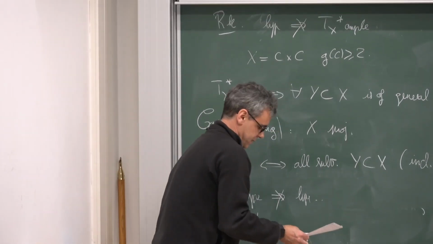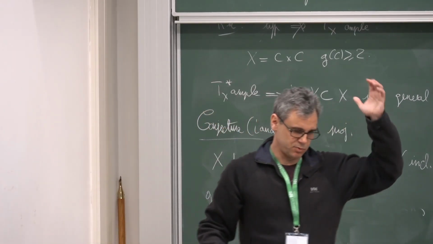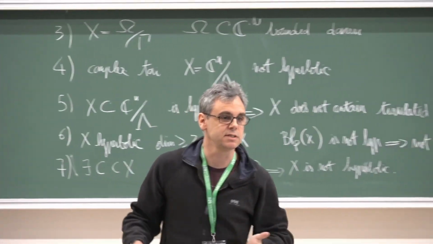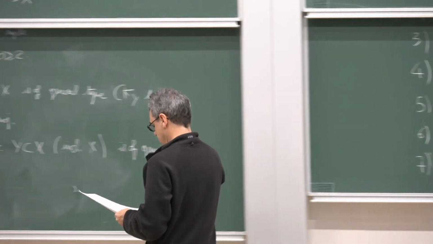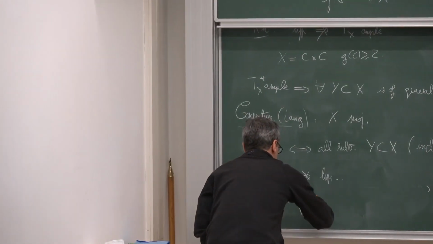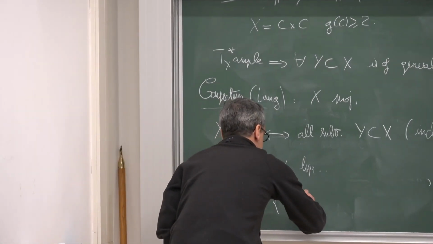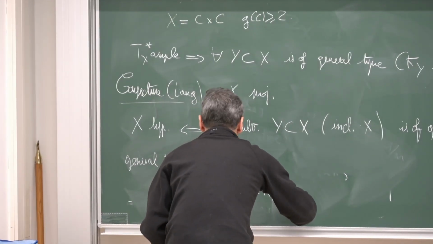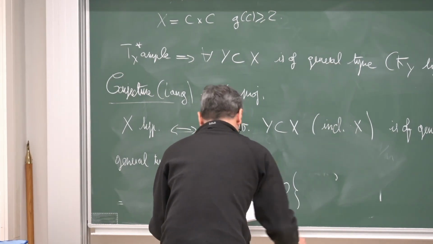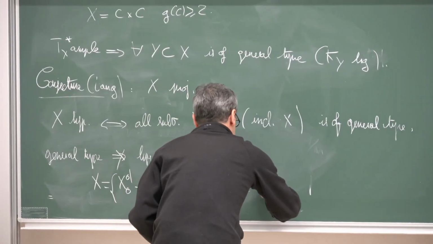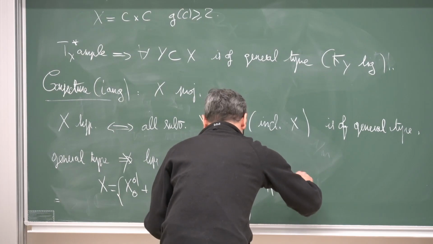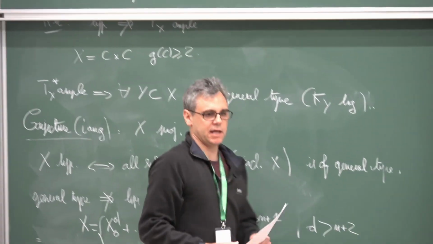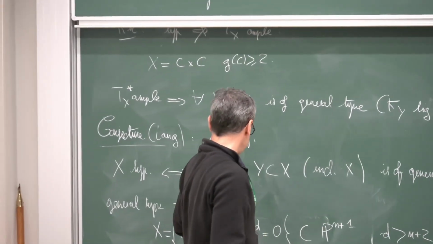Of course, nice examples of projective varieties to consider, which I will consider after, are hypersurfaces in projective space. So if you consider, for example, Fermat hypersurfaces in P^{n+1}, being of general type is very easy to characterize.